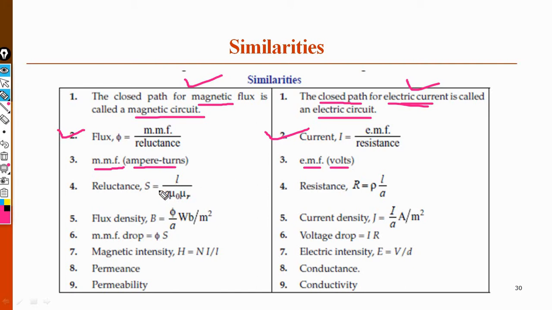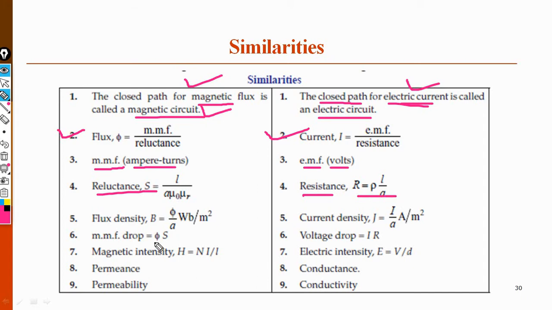Then reluctance S is equal to L upon A mu 0 mu R. This is the reluctance formula for the magnetic circuit. Then resistance R is equal to rho into L upon A. Resistance is very important in the electrical circuit.